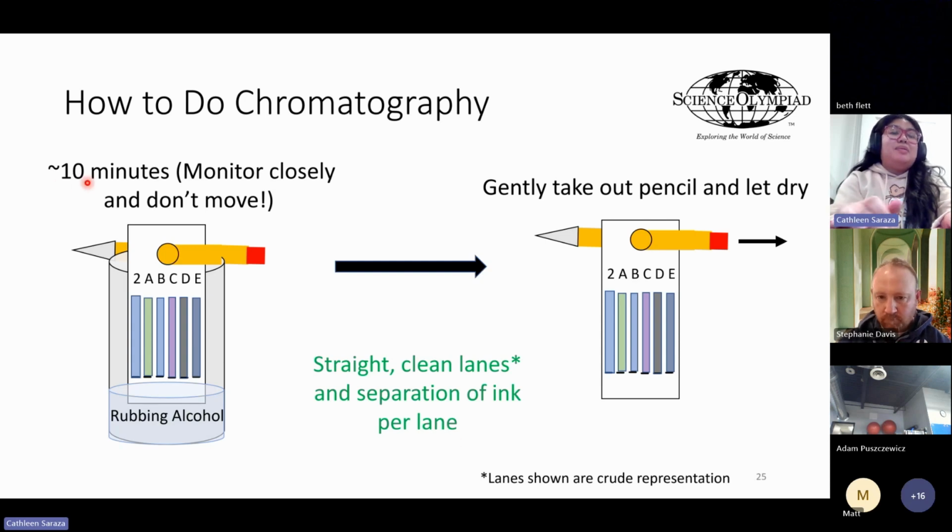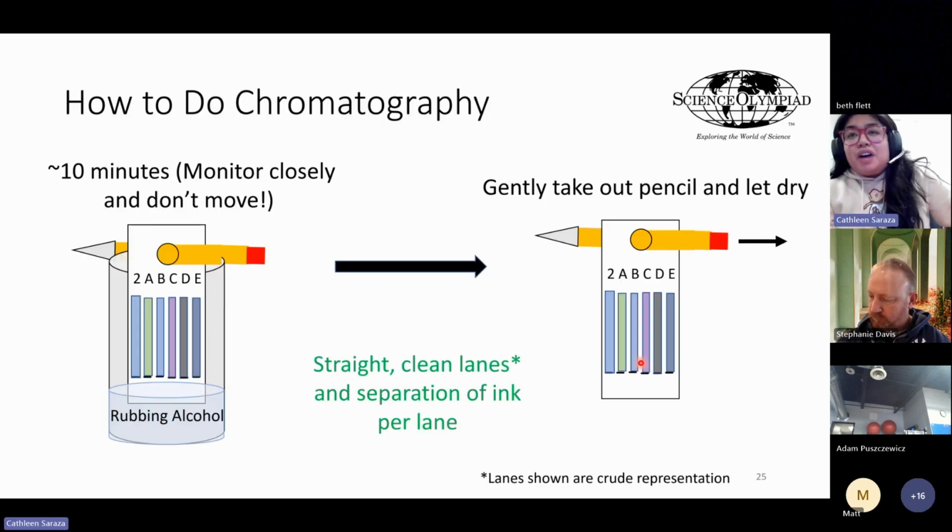So that's why it's good for them to monitor the setup closely and don't move it once it's set up. After that approximate 10 minutes, gently lift the pencil out of the cup and let it dry so that they're more able to see the similarities and differences between the different lanes.